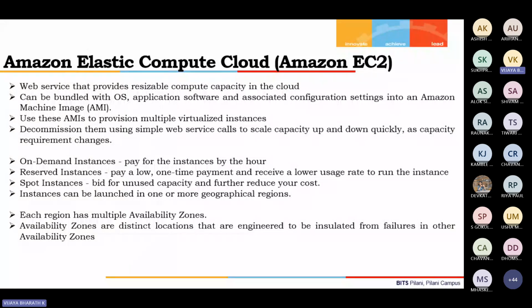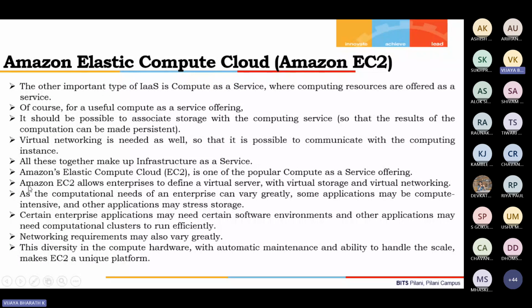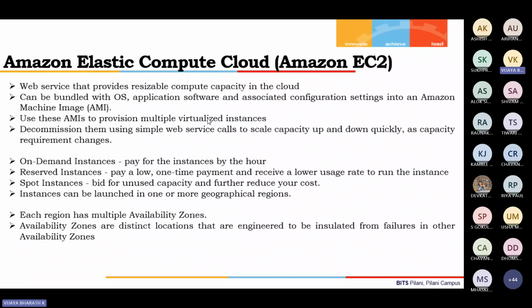These are web services that provide resizable compute capacity in the cloud. It can be bundled with OS and application software in terms of AMI, as I told you. Using these AMIs, you can provision multiple virtualized instances, their VMs, and decommission them using simple web service calls to scale capacity up and down just by clicking.